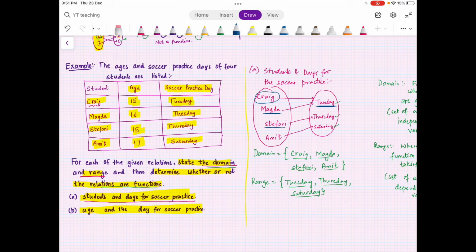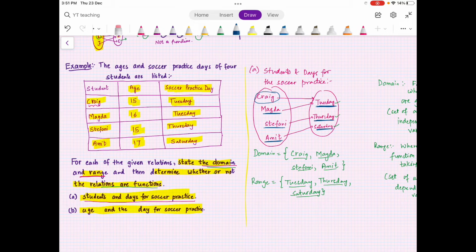Corresponding to Stephanie, we have one dependent variable, Thursdays. And corresponding to Amit, we have one dependent variable, Saturdays. So just looking at the name of the student, you know which one is the day. For Craig, it's Tuesday. For Magda, it's Tuesday. For Stephanie, it's Thursday. For Amit, it's Saturday. So you are nowhere in dilemma. You don't have any uncertainty anywhere. So this is a function, right?